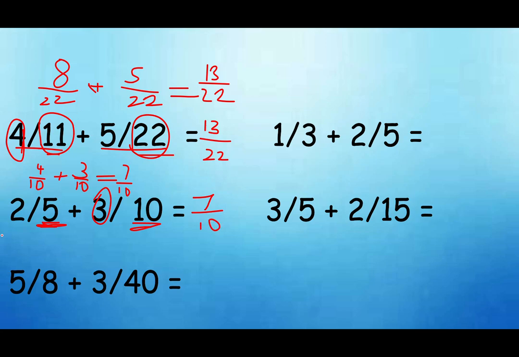Here we have 5 eighths add 3 40ths. 8 times 5 equals 40, so 5 times 5 is 25 over 40, since that will be our common denominator. Add 3 40ths, since we already have 40 as a common denominator here. 25 add 3 is 28.